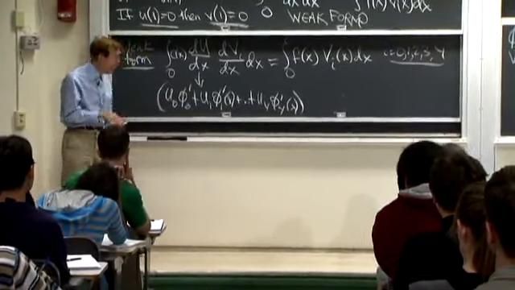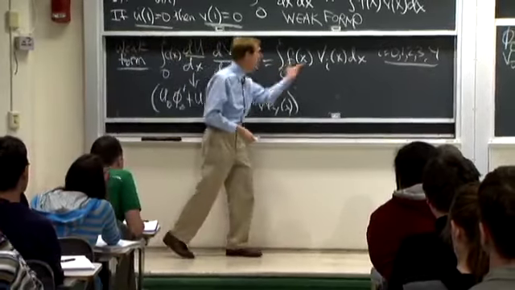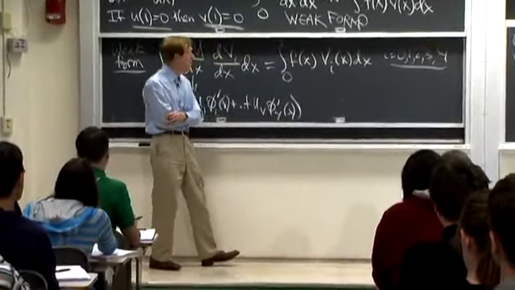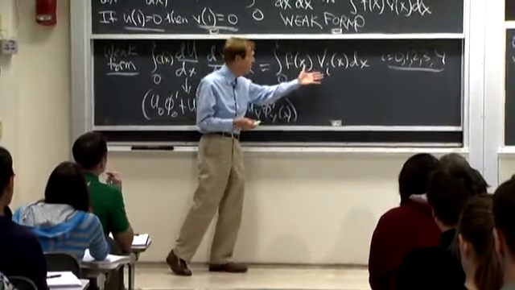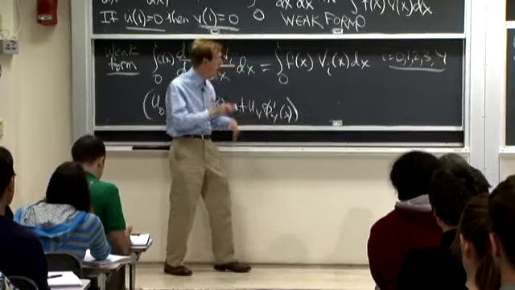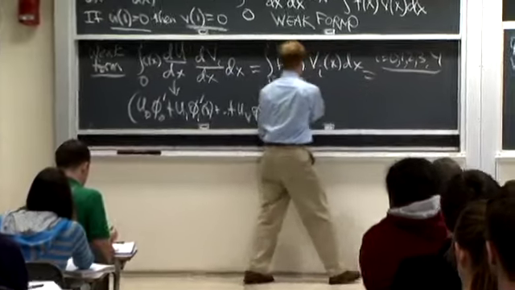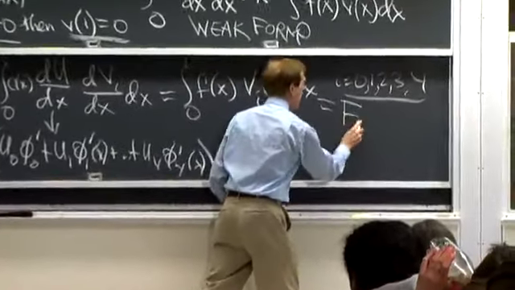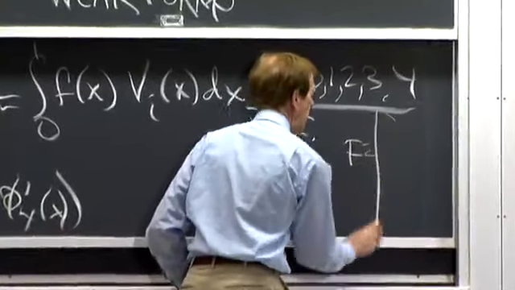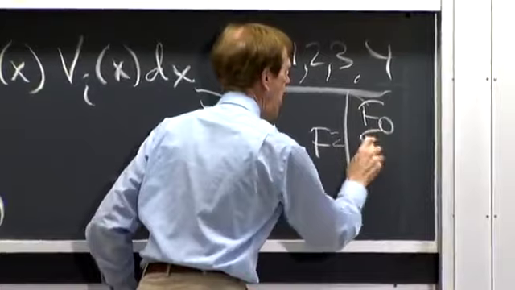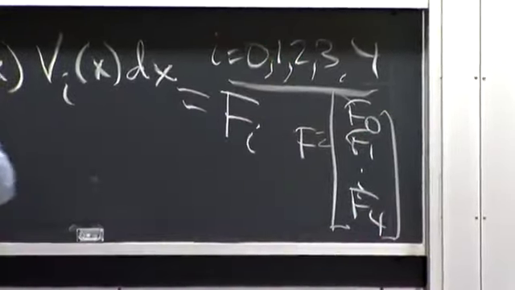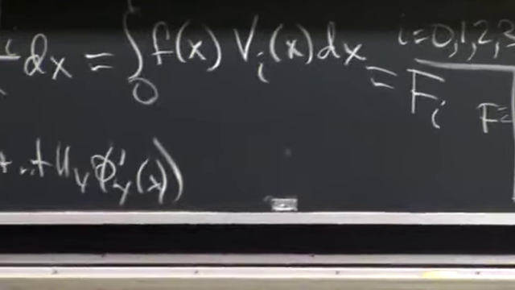Finite elements involves doing the integrals, left side and right-hand side. Okay, and here we have 5 different integrals to do. We have f of x times each v. This number will be f sub i. So my f vector is going to be f0, f1, down to f4, the 5 guys that I get from these 5 integrals. All right.